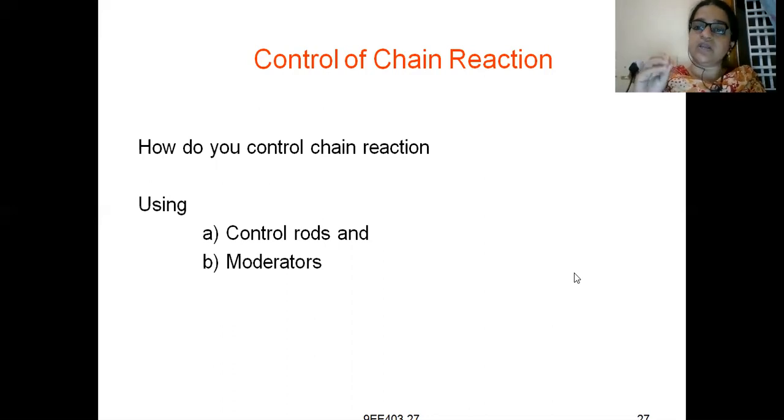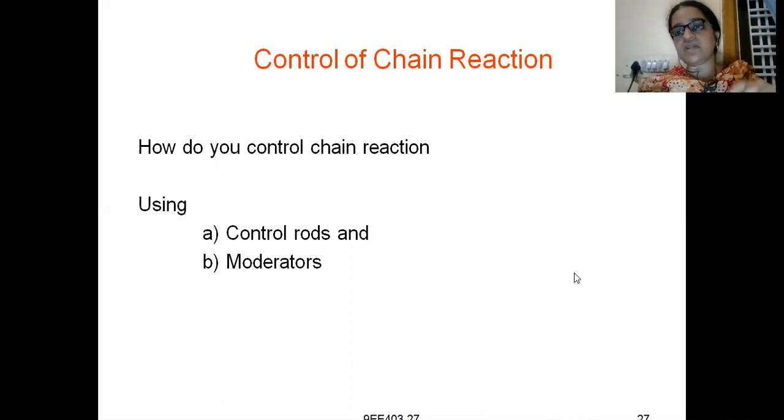So if we want a chain reaction to occur using the uranium-235 isotope, we should be sure that its controlling is also done properly.